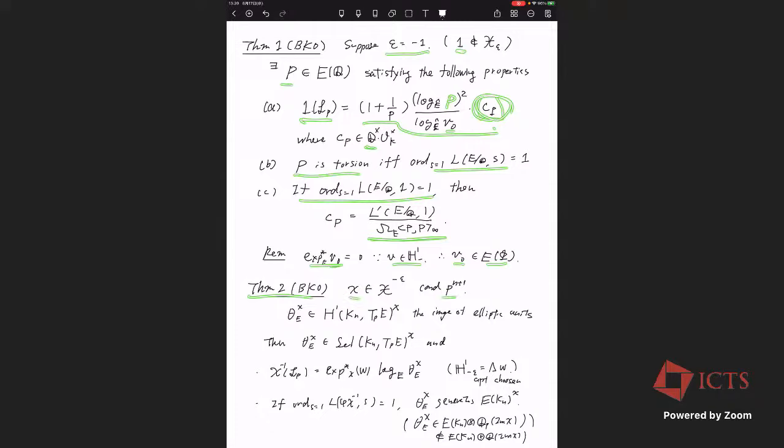In this case, our theorem is not so satisfactory. We consider the chi part of the elliptic unit; then almost by definition, it belongs to the Selmer group. And the value of the p-adic L function is described by the log of theta_E chi. And if the analytic rank is 1, theta_E chi generates the Mordell-Weil group.